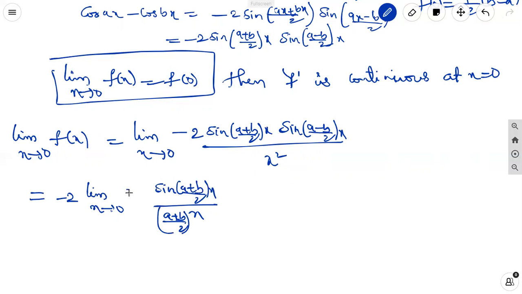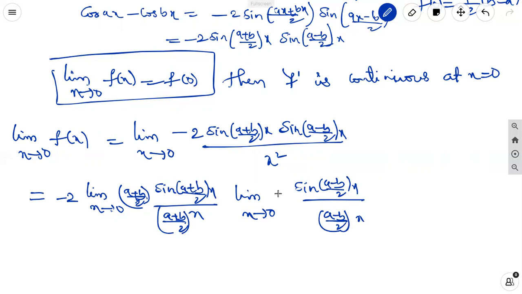So we can multiply and divide with (a plus b) by 2, and write the second function, limit x tends to 0 of sin of (a minus b) by 2 into x by (a minus b) by 2 into x, multiplying and dividing with (a minus b) by 2x. So these two get cancelled. But we know that limit x tends to 0 of sin ax by ax is 1.